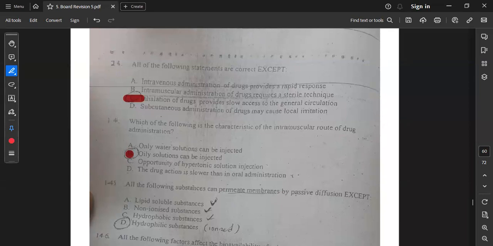Okay, other characteristics? Yeah, depot or sustained release is possible. We want the characteristics of a drug that make it possible for it to be administered through the intramuscular route.